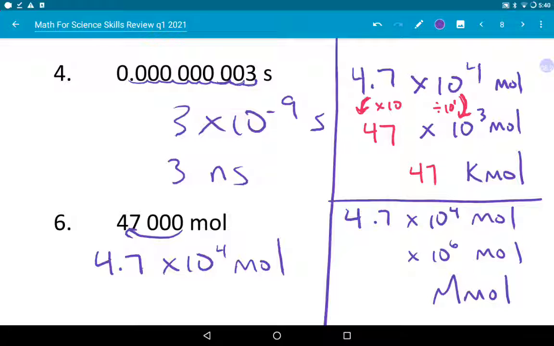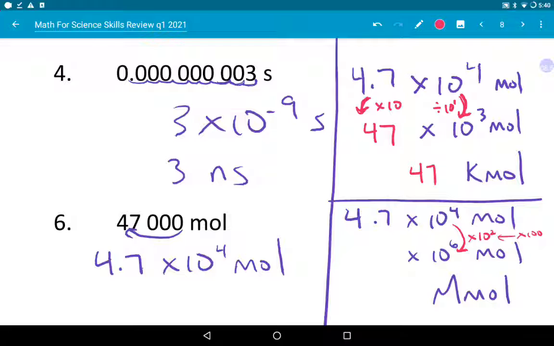Now, let's take a look at this and see what we did here. What did we do to go from here to here? We times by 10 squared. Okay, we multiply by 10 to go from 10 to the 4 to 10 to the 5 to 10 to the 6. So essentially, we times by 100.